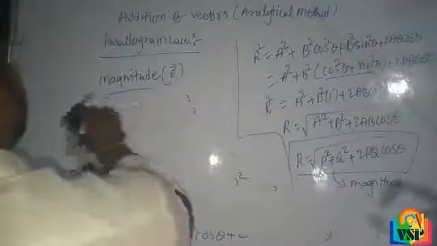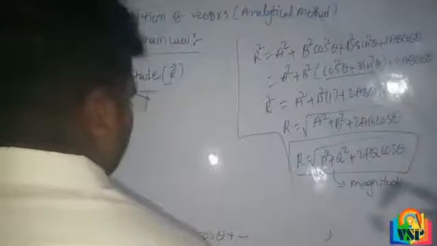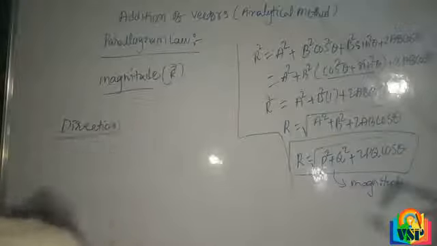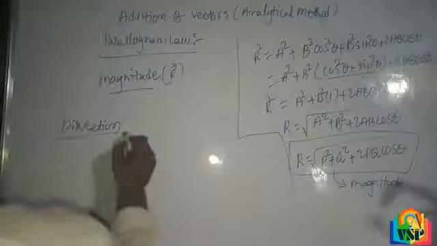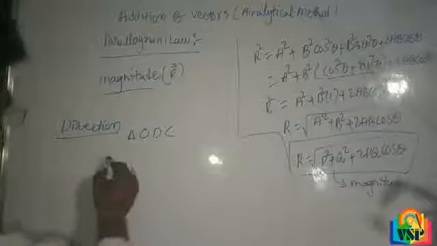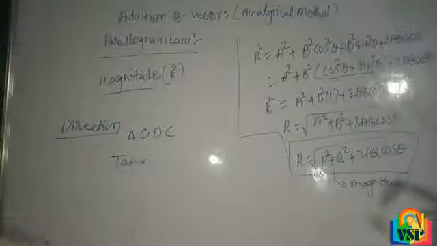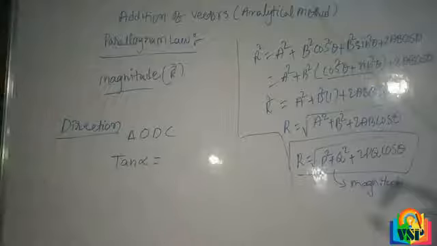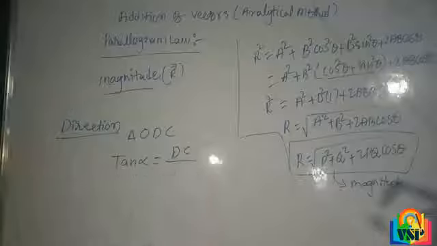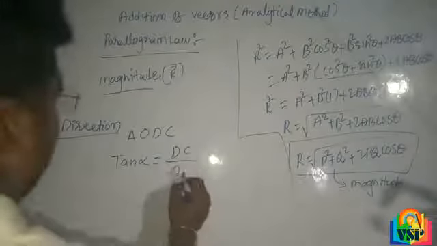Understand how we can find direction? In triangle ODC, tan alpha is equal to DC divided by OD.